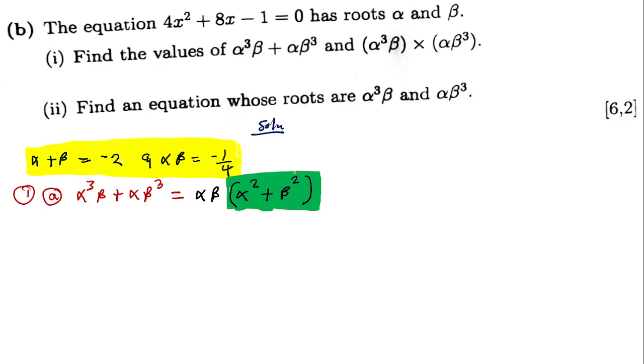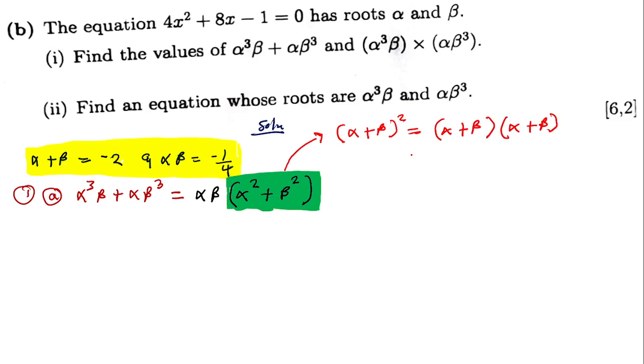So this one here can be found as follows. We can simply say open bracket alpha plus beta squared is equal to, so when you expand this one, this will be open bracket alpha plus beta close bracket open bracket alpha plus beta close bracket.